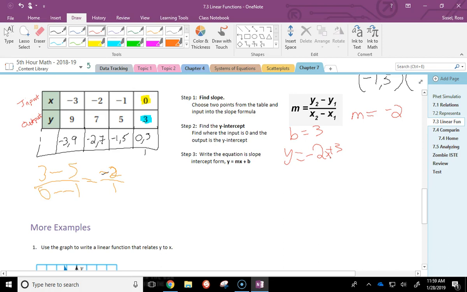I need to make sure you guys are hearing this because we have to make sure we're doing this right. If you forget the x, that changes the whole equation. So you have to put the x in there. Our final equation is y equals -2x plus 3. That is correct.